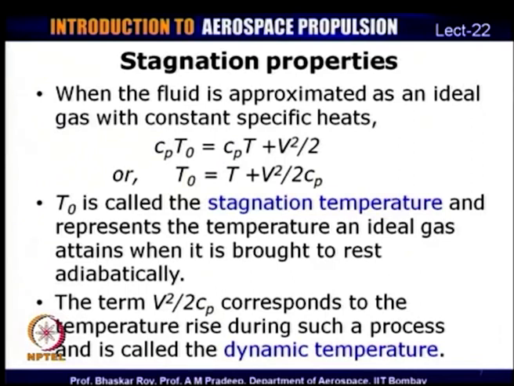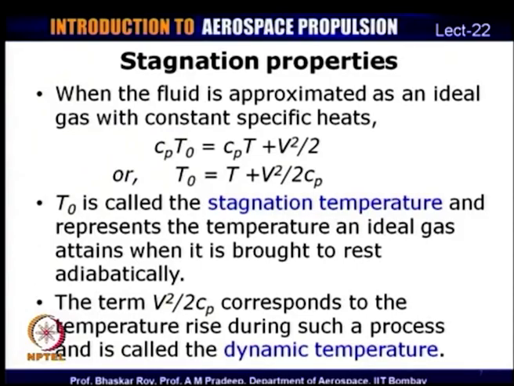So, here T naught is defined as the stagnation temperature, and this represents the temperature an ideal gas will attain if it is brought to rest adiabatically. That is similar to what we did for enthalpy. If you bring a gas to rest adiabatically, the temperature that the gas attains at the end of this process is known as the stagnation temperature.